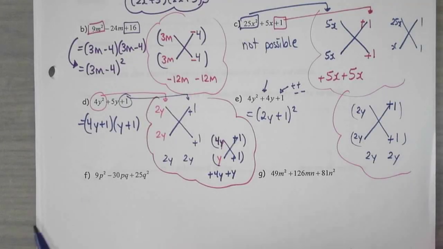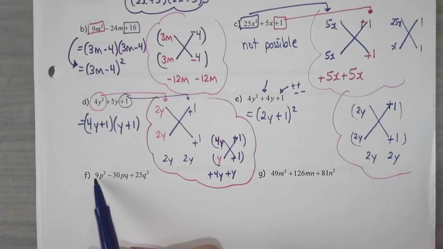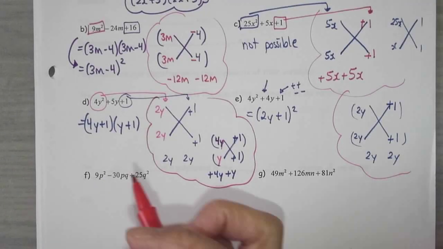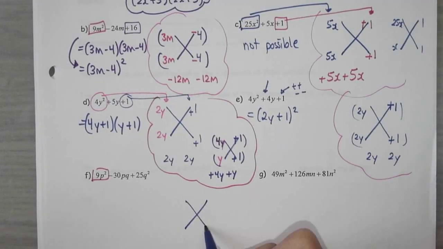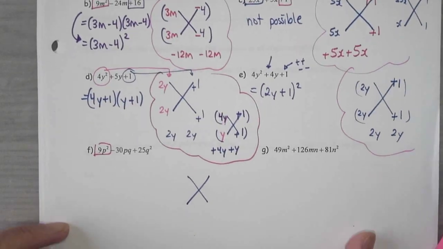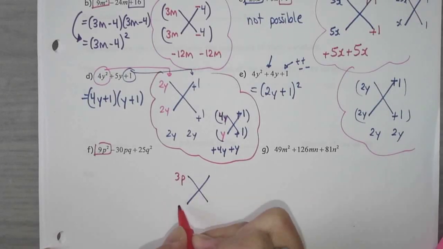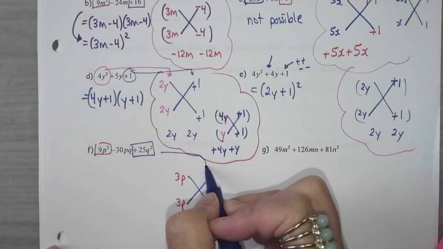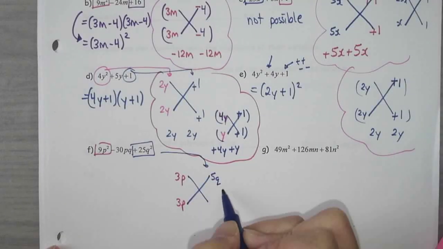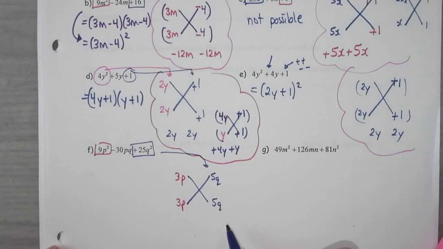So like this one. We've got 9 and 25, so the 9 goes here. We're going to say, okay, that is 3p, 3p. The 25 would go here, so 5q, 5q.